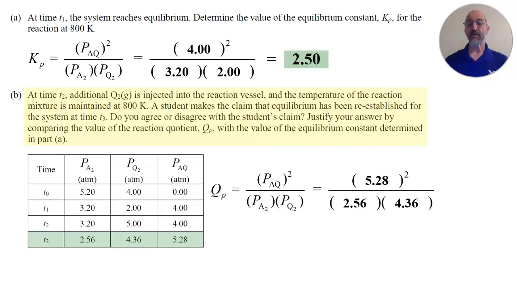So when I do 5.28 squared divided by 2.56 divided by 4.36, this is what I get. Aha, 2.50 is in fact the value of Kp, which we have already determined in part A.